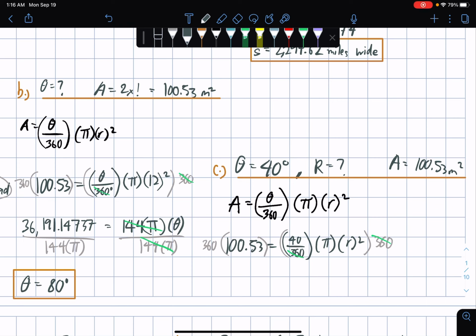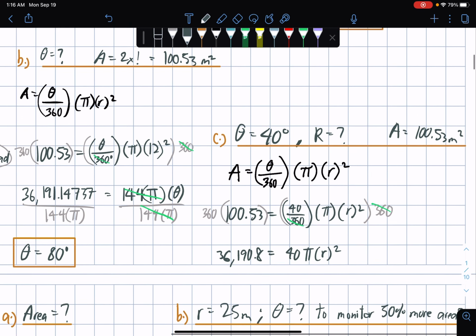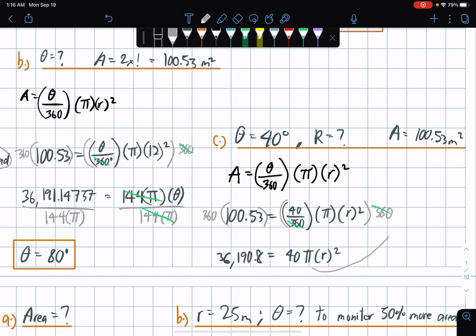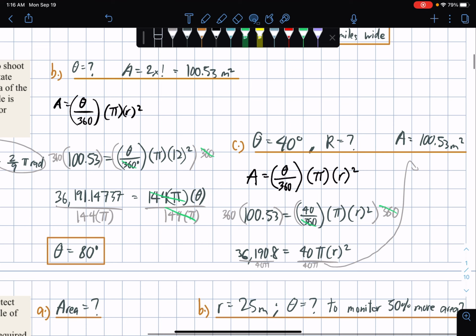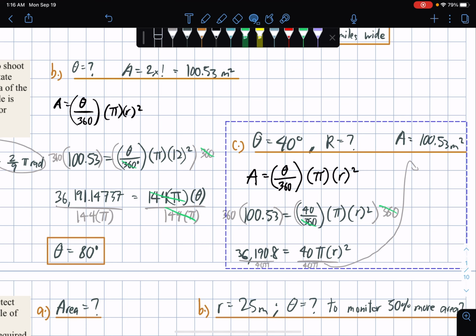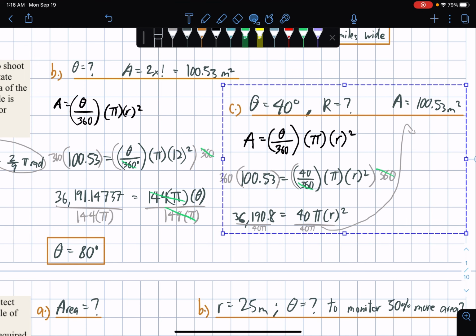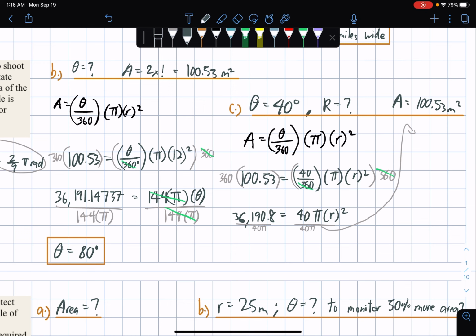So we have 36,190.8 is equal to 40 pi r squared. So we divide both sides with 40 pi. I'm quite surprised we left so much space at the bottom. Let's just adjust it a bit. Alright.